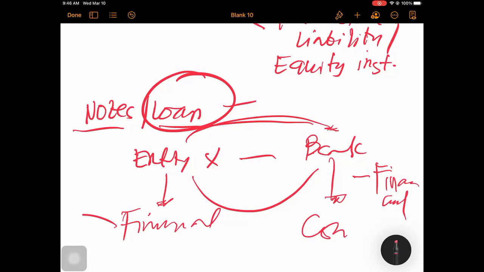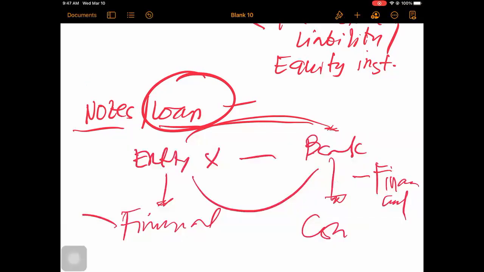Okay, another example, you have debt securities. This is a financial asset of the investor and a financial liability of the issuer. You have equity securities, this is a financial asset of the investor and equity of the issuer. So our focus here is on debt securities, as in bonds, with the investor and issuer.